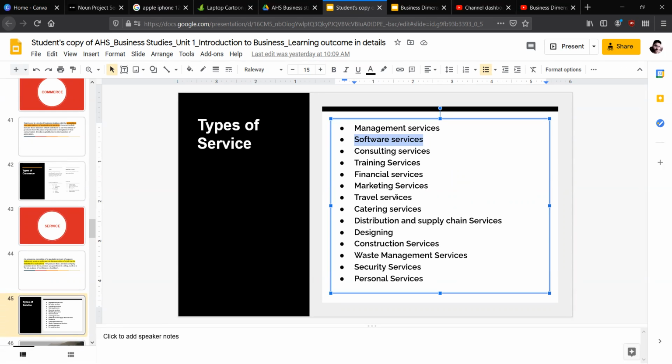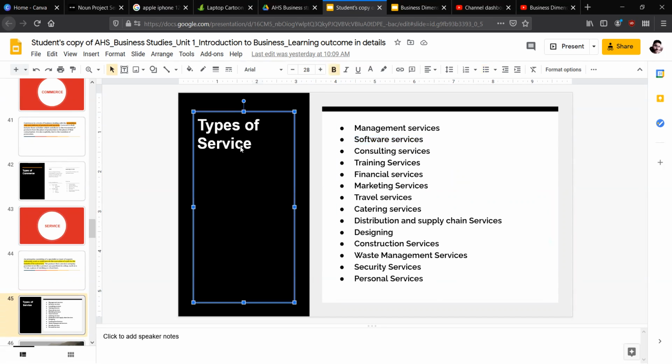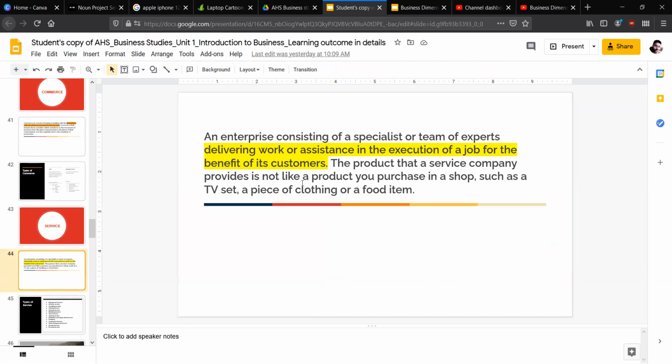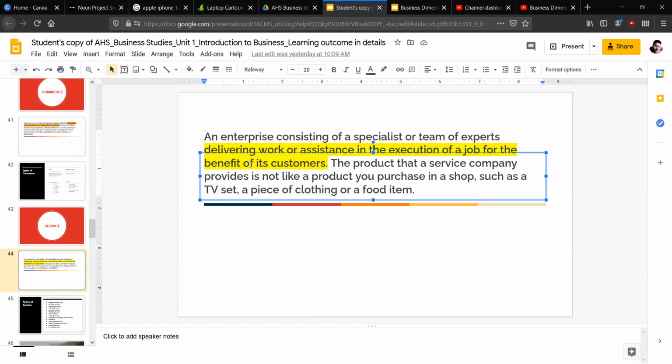Okay, so what services are given with Apple iPhone? Remember, a service should also always be about the benefit of its customers. So if it's not benefiting the customer, it's not a service.